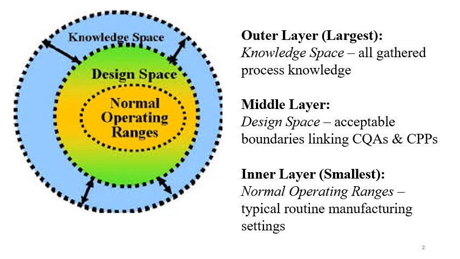Then you make the acceptable ranges for those parameters, that will become your design space, and then you set the normal operating ranges for the parameters, that becomes your inner layer for normal operating ranges for typical manufacturing settings.